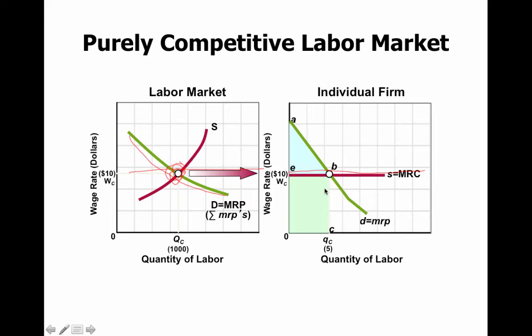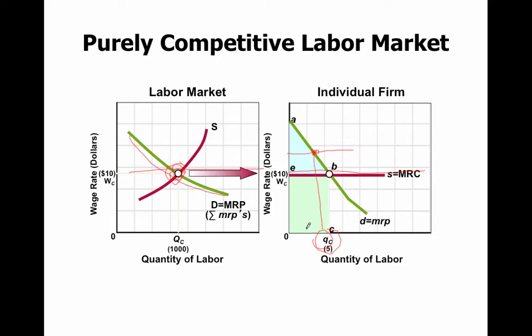So what we see is as the wage rate moves up or down, it's going to intersect the downsloping MRP curve at a different point. And therefore, that's going to give us different quantities, okay? So if wage rates rise, then the quantity will go down.